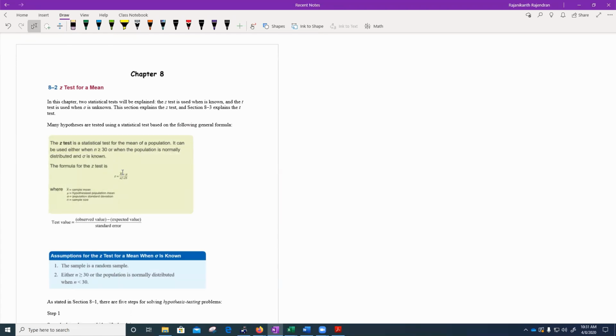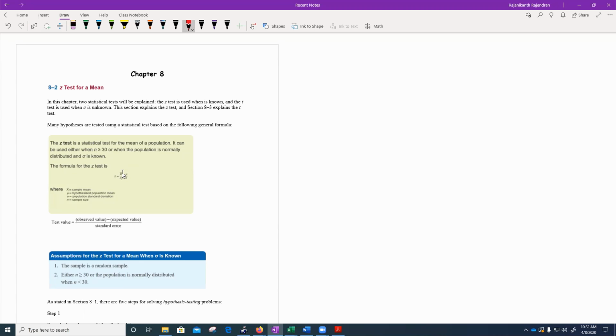8.2. Now we are going to use testing for the mean. Okay, that means what? That means our null hypothesis and alternate hypothesis talk about the mean, the population mean. For this kind of problem, for testing the mean, there are two cases, like we had in a confidence interval for the population mean.